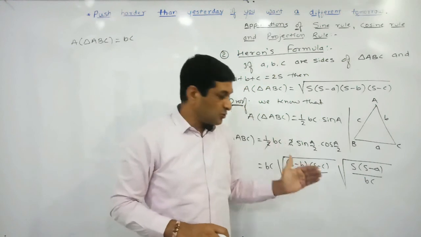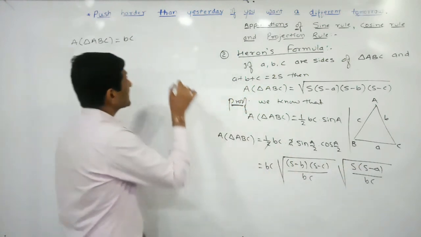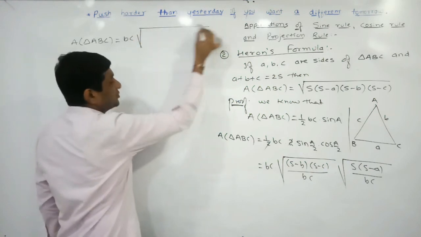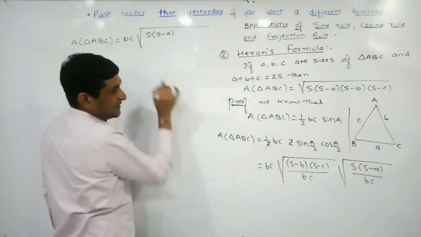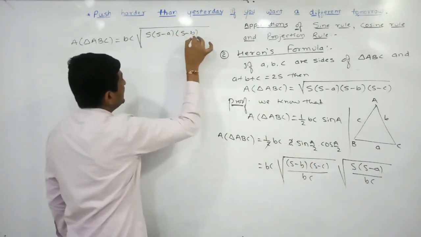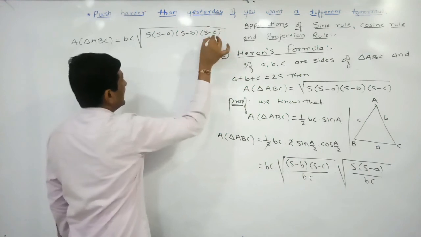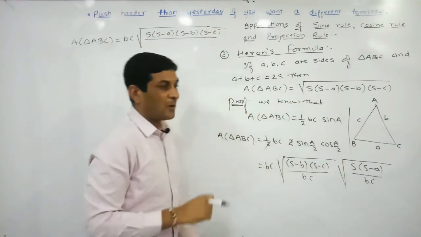Already we know that root a into root b can be written as root ab. So here what will we get? Under root s(s minus a)(s minus b)(s minus c), and in the denominator bc into bc, which is the square of bc.